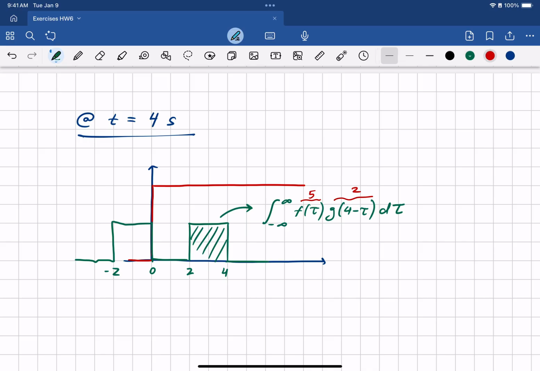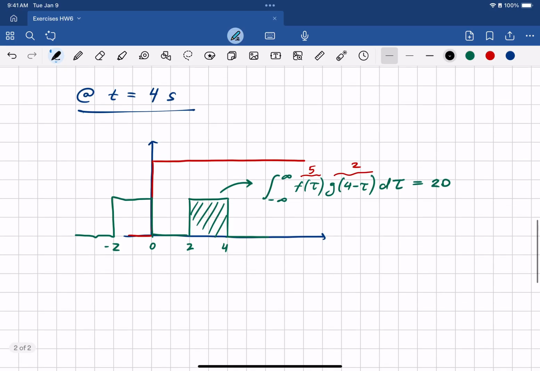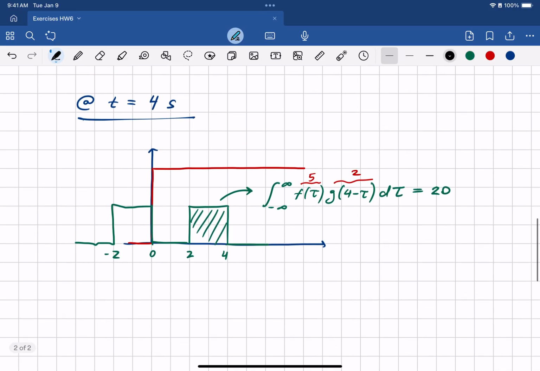So the overall convolution for t equals 4 seconds, it's going to be 20. Yes, 20. So t equals 4 is going to be 20.